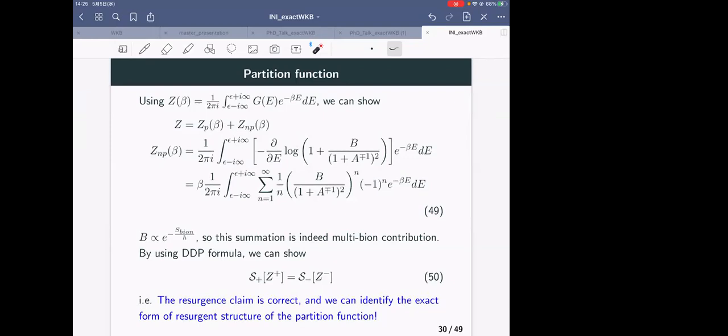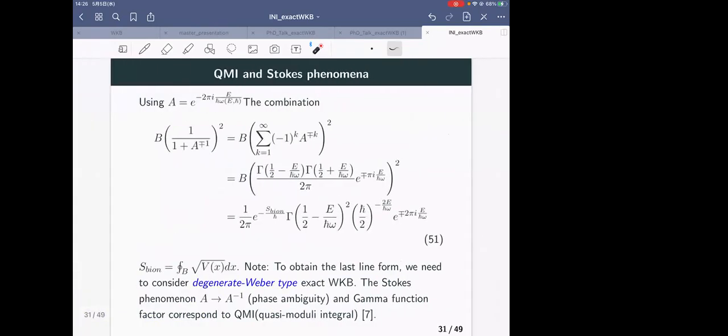So this claim is naturally proved by using the DDP formula and this method. And this is just a symbolic form, but we can go to a much more physically friendly form using this identification.